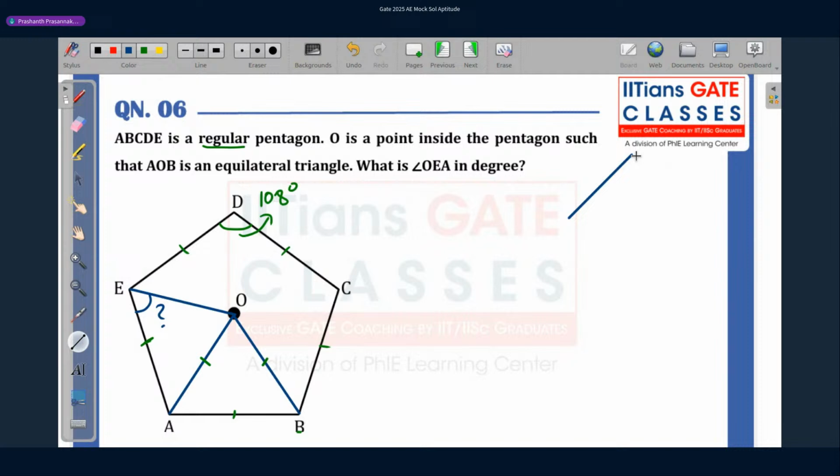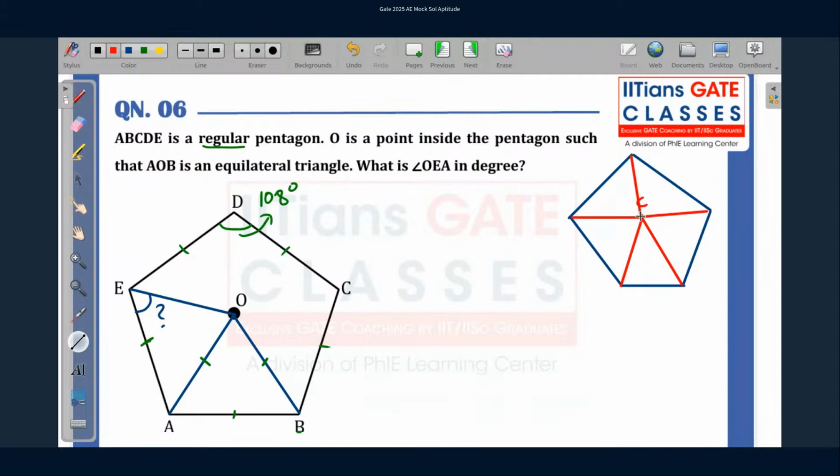Draw it to the side over here. This is another regular pentagon. And here I'm having the center. The center is different from this O. Call this, let's say, C, to make a distinction from this O. Now this construction that I've done, let me erase this and write it a little better.